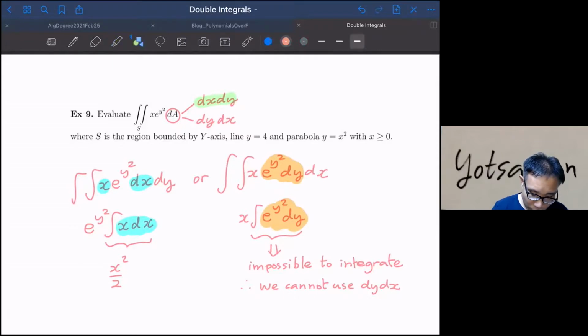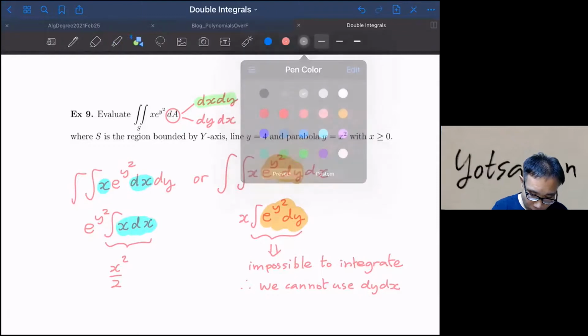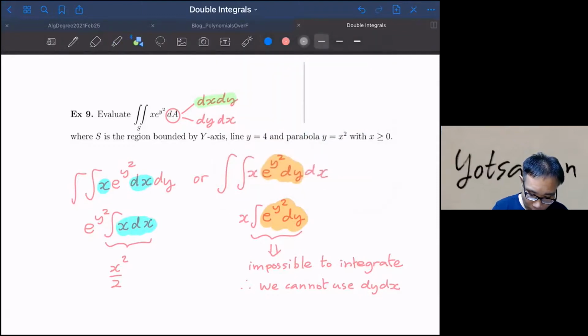So we have the line like this one, y equal to 4, which is this straight line. And you have y equal to x squared, so it's going to be this parabola.